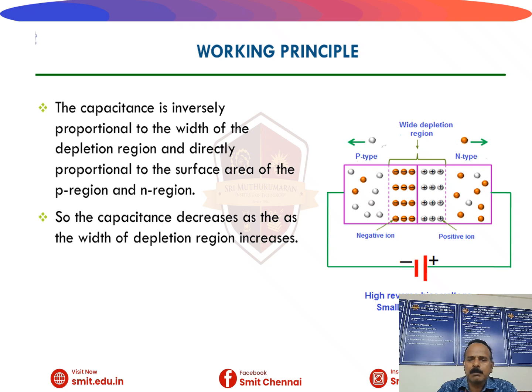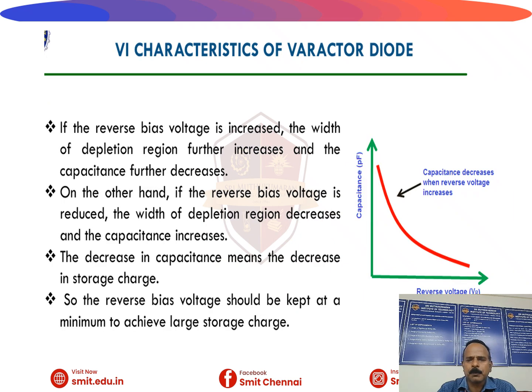C is equal to epsilon naught epsilon R into A by D. So we are relying on that formula to study the working principle of this varactor diode capacitor. The capacitance decreases as the width of the depletion region increases.